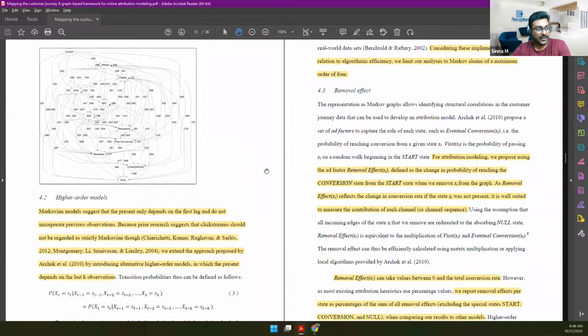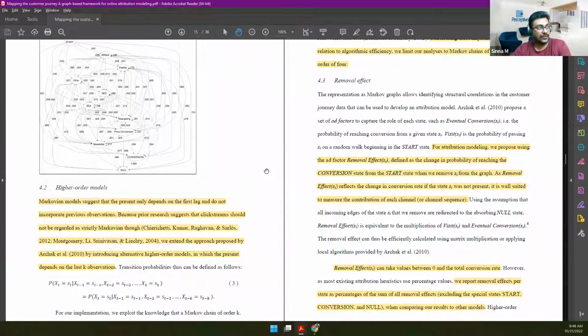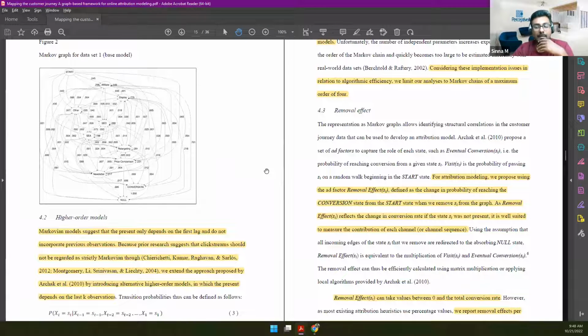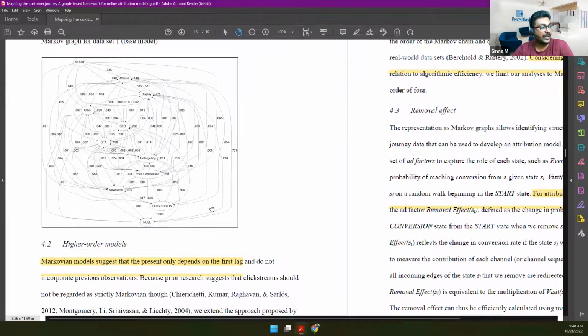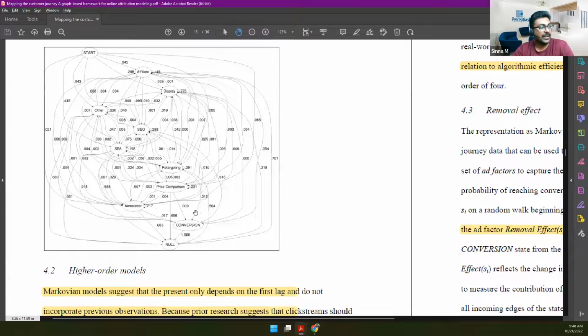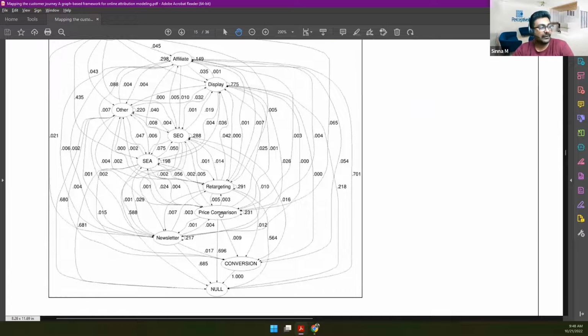Now, a simple Markov chain, like I said, only remembers one state. If you are, let's say, in price comparison, then the probability of coming to price comparison depends upon the immediate previous state.